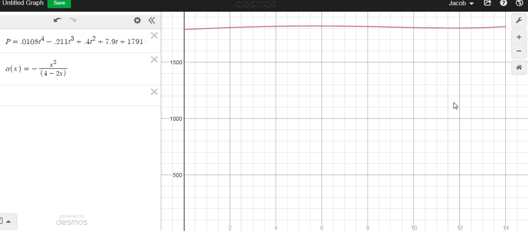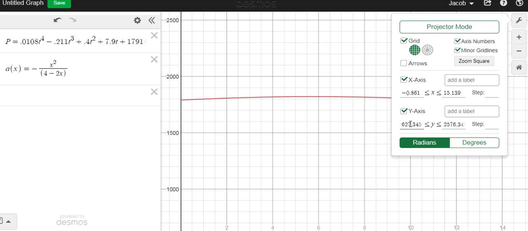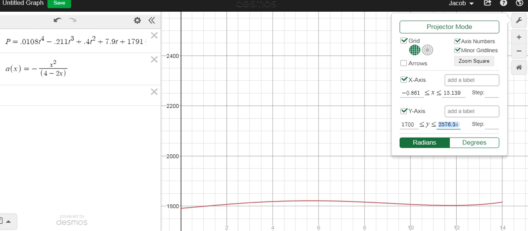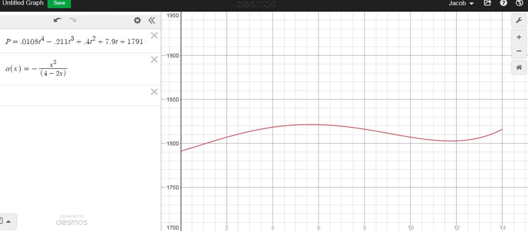All right, and then I'm going to make this all right. So this is that function that they have in the book. If you put it in Desmos, you get this.